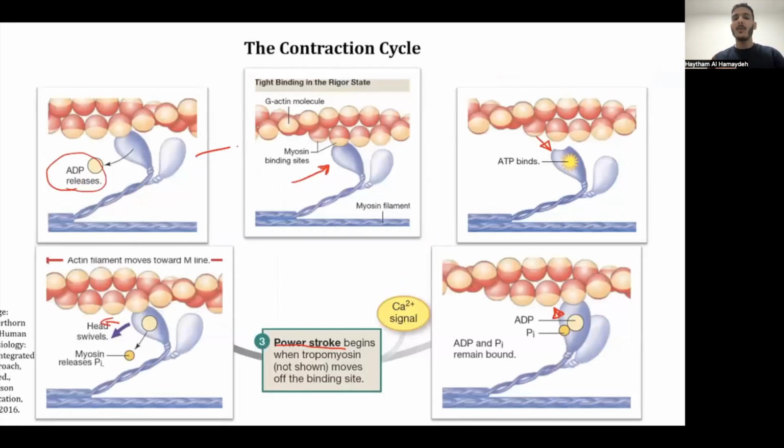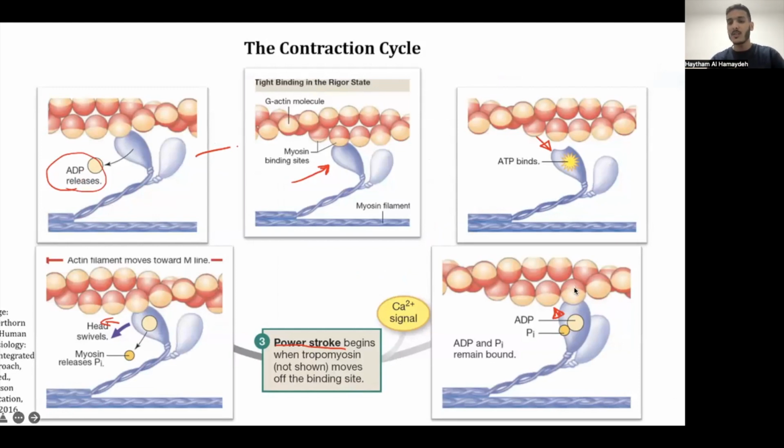Okay, so now we're going to talk about details of how this power stroke happens after myosin binds to actin. Very specifically, we're starting here, but I will show you the general image of how everything happens from A to Z in a bit. So now we're going to start here. Let's say that myosin is bound to an actin molecule.